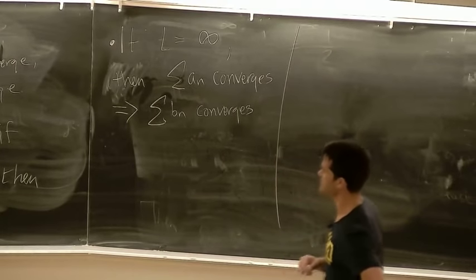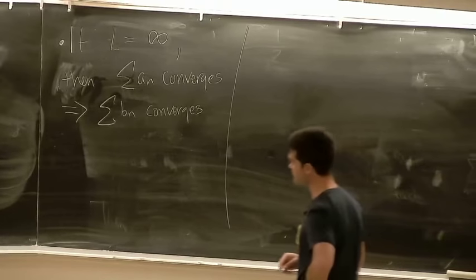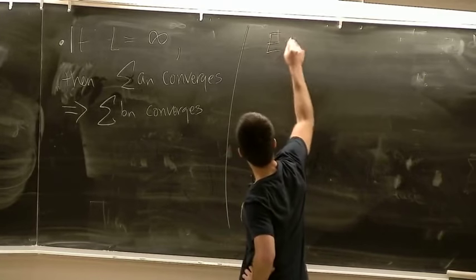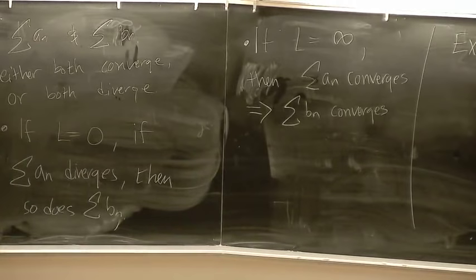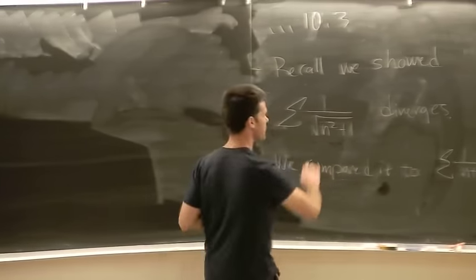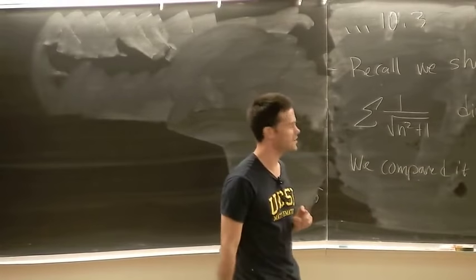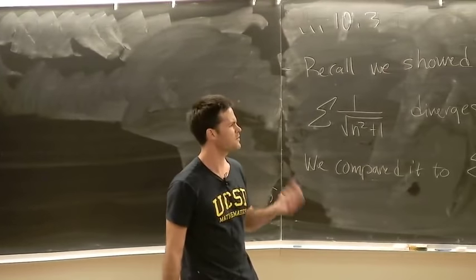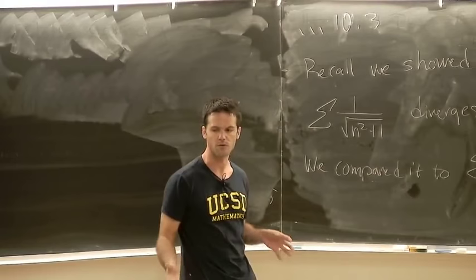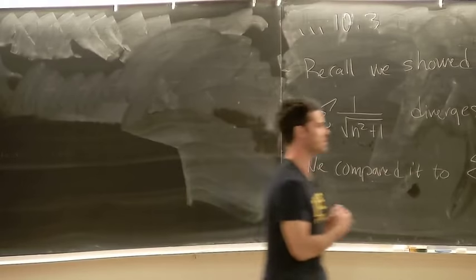So let's see an example of this theorem in action. In fact, let's apply it to the example that we were already doing, which is this one. And let's do it by comparing it to the term that we expect it to be comparable to, which was 1 over n.